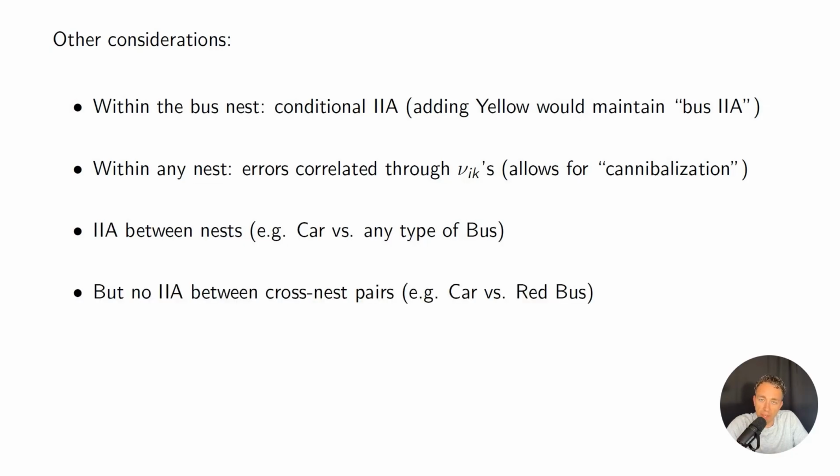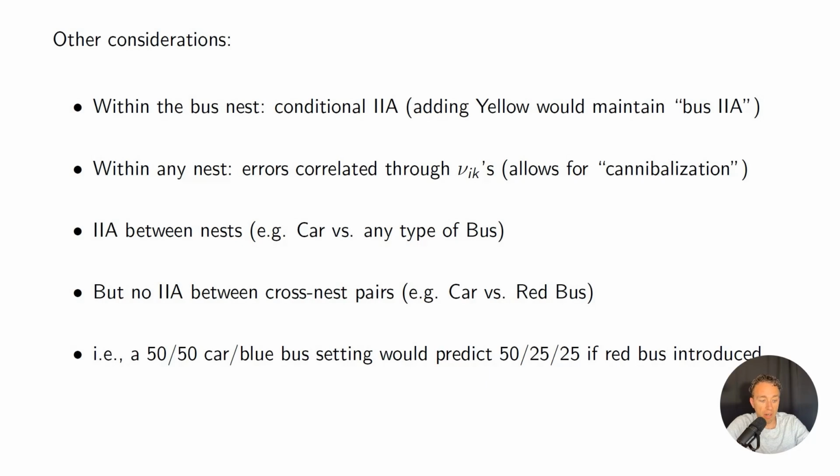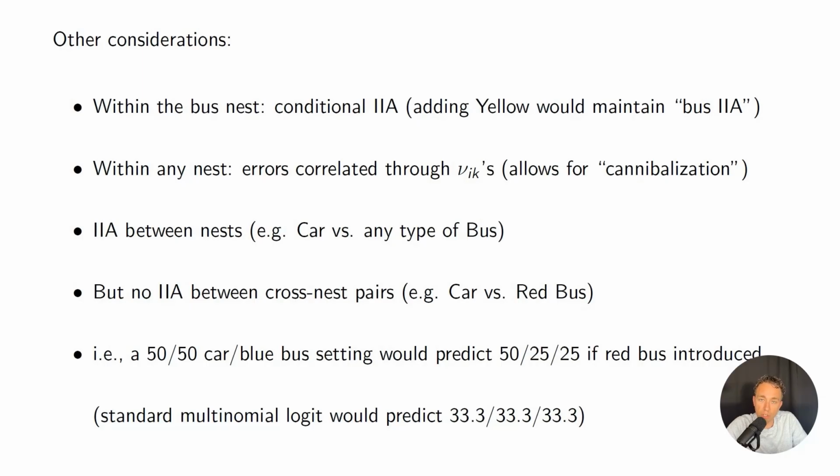But we definitely do not have IIA between cross-nest pairs, so that is car versus red bus, etc. So if we had a scenario like I discussed in a prior video where there's a 50-50 market share between car and blue bus, this nested logit structure would predict that adding a red bus would change the market share to 50, 25, 25, whereas if we just had a standard multinomial logit, that would only give us 1/3, 1/3, 1/3, which is definitely not realistic given that the red bus and the blue bus are so similar.